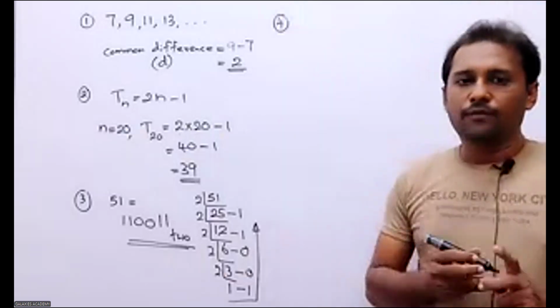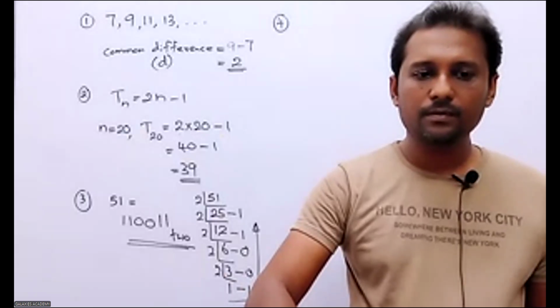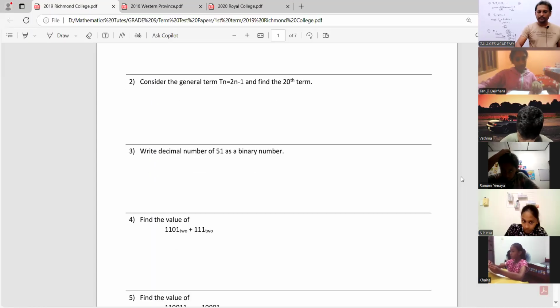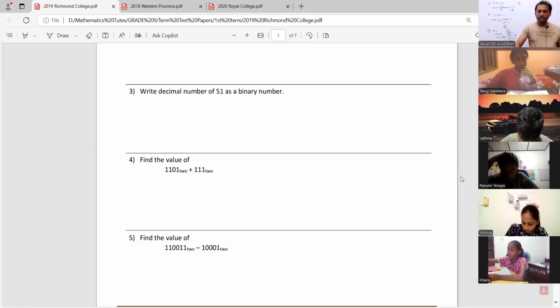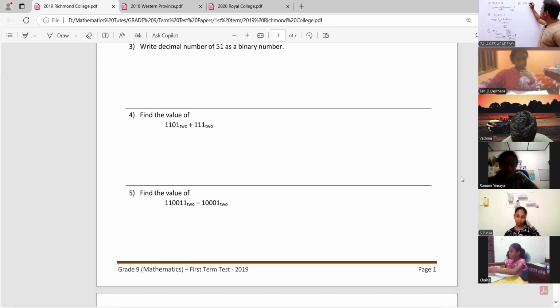Now let's go to the fourth question. The fourth question is the addition of binary numbers: 1101 base 2 add 111 base 2.